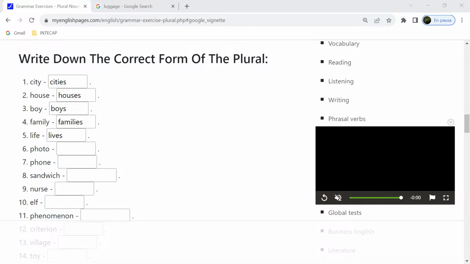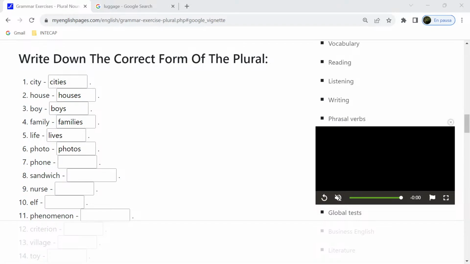Well, the plural for photo, guys, is photos. Just like that. Photos. I just have to add the S at the end of the word, and that is the plural. So no worries.